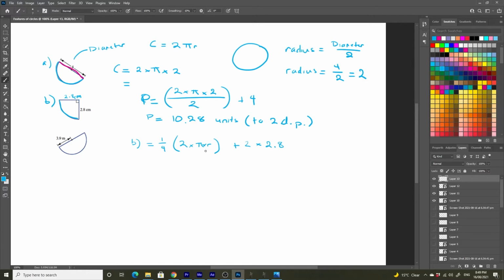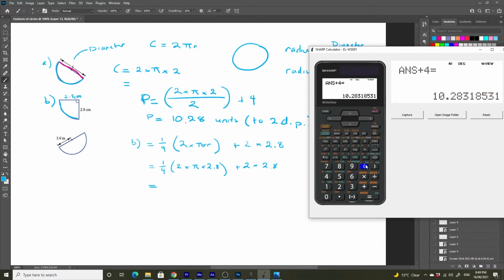If we put in the radius, this equals a quarter times 2 times pi times 2.8, plus 2 times 2.8.